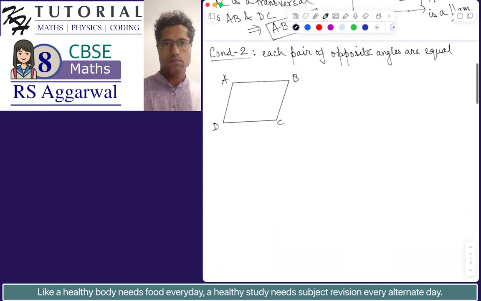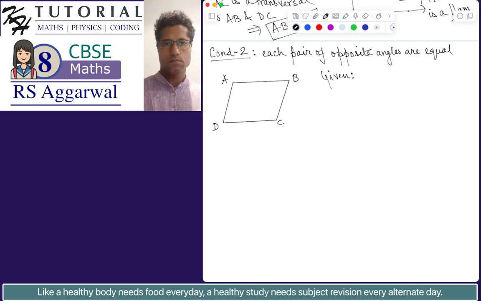It says that in any quadrilateral, if each pair of opposite angles are equal, then it will be a parallelogram. So in this quadrilateral, what is given?